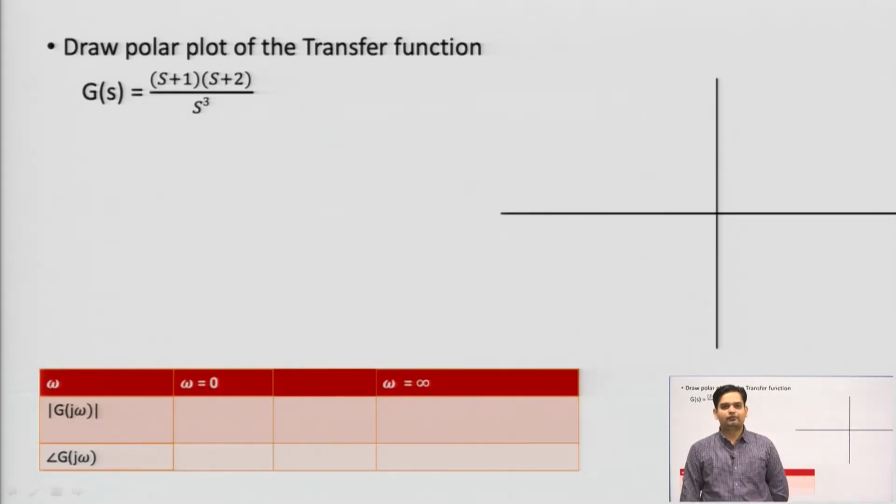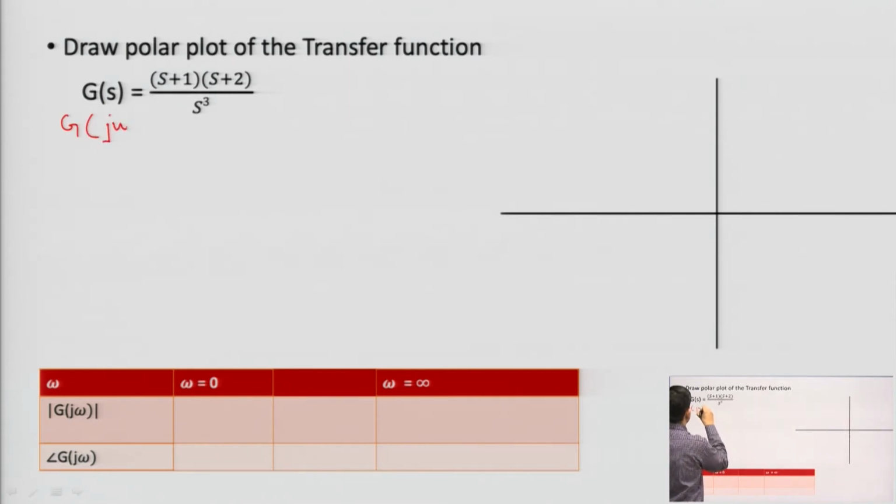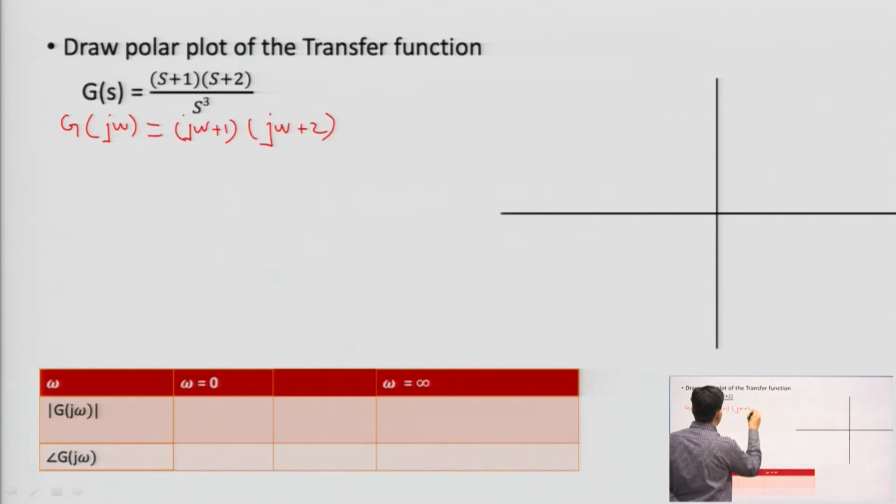In the same way, we can take another transfer function G(s) equal to this much. I will again put s equal to j omega. I will get here (j omega plus 1)(j omega plus 2) divided by (j omega) whole cube.